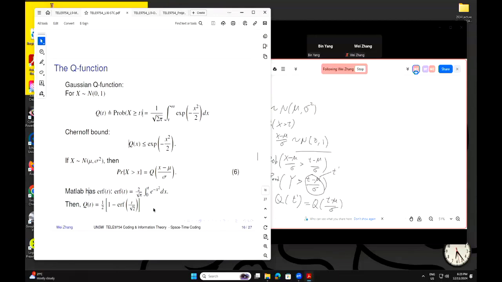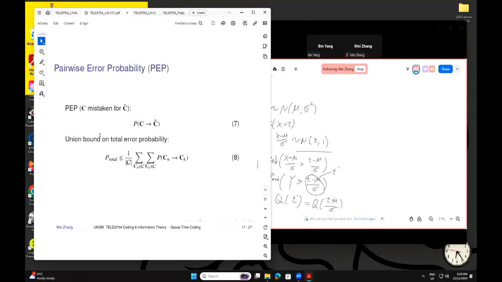I think that is the old version, but the current version may already have the Q function, called qfunc. You can type help qfunc, and then you can find this Q function and do the programming. So this is prior knowledge. Next, we are going to analyze the error rate.